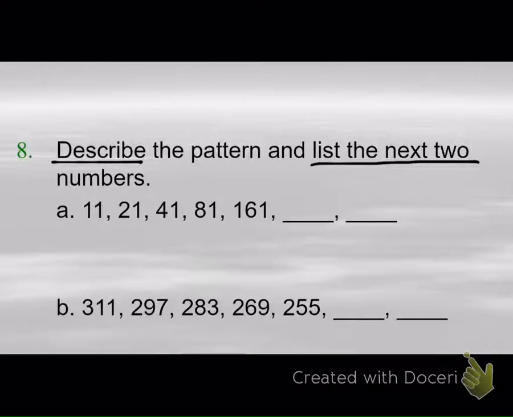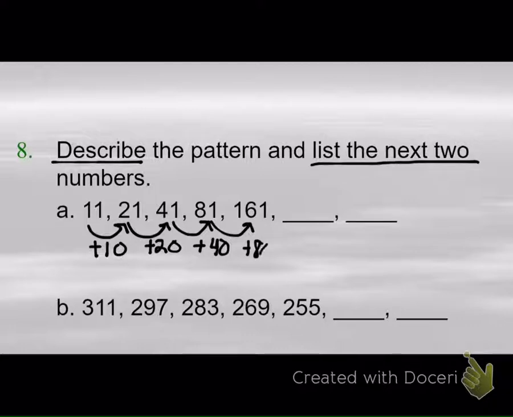Okay, not 11, close. You're adding 10, good. What are you adding to the next one? 20. What about to the next one? 40. What about to the next one? 80.